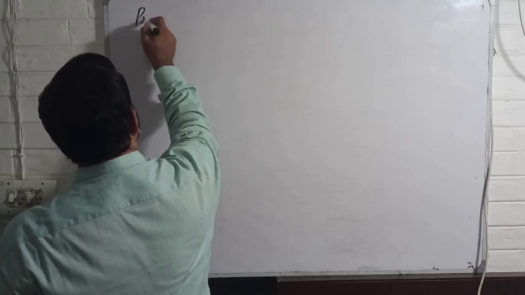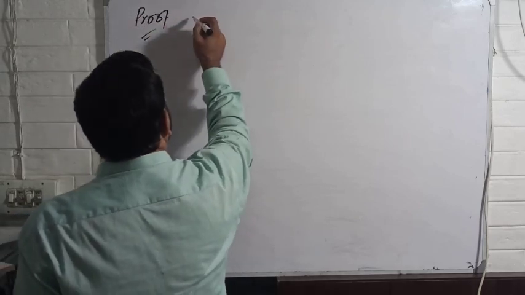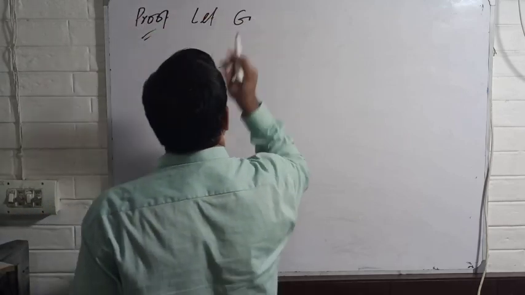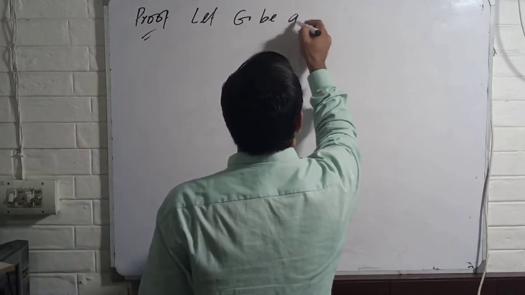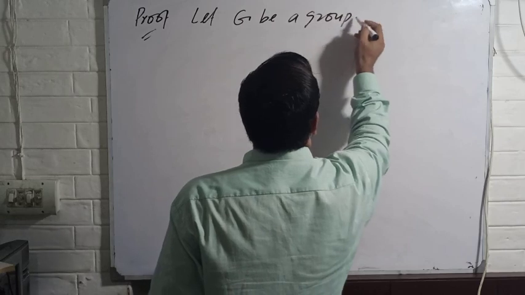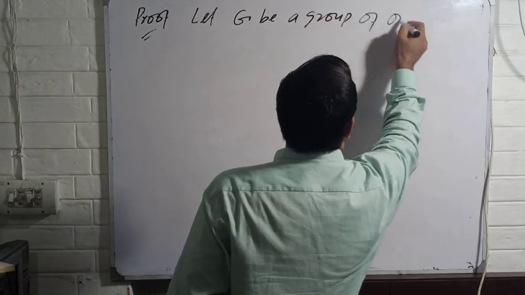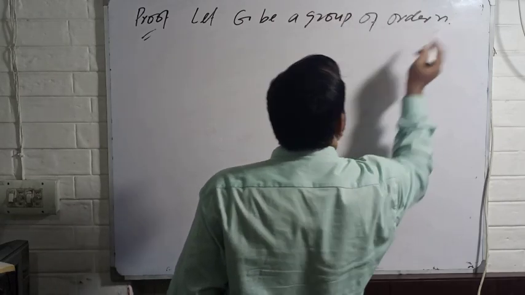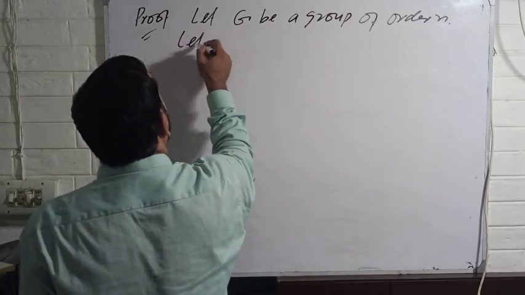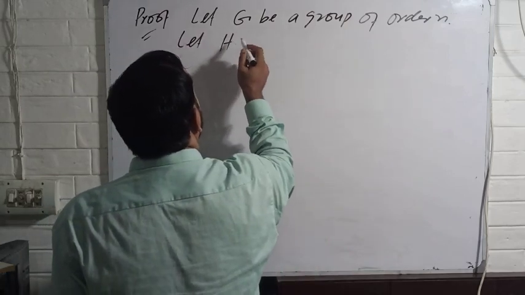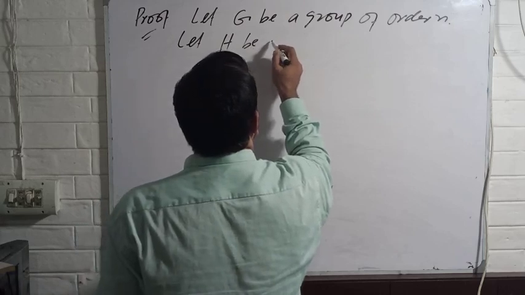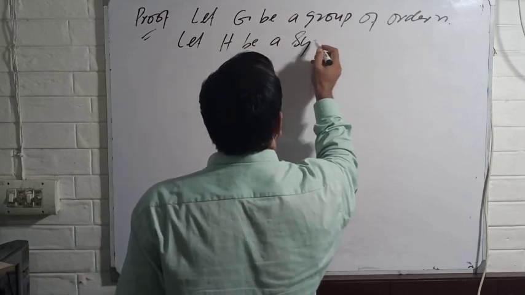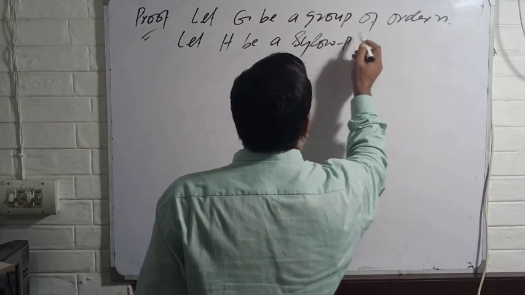Okay, proof is: let G be a group of order n, let H be a Sylow P subgroup.